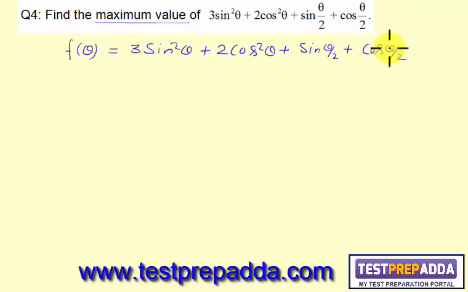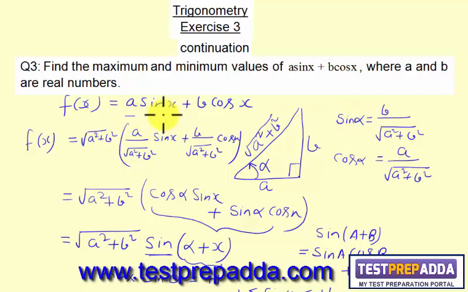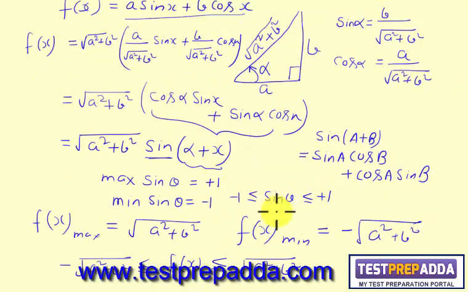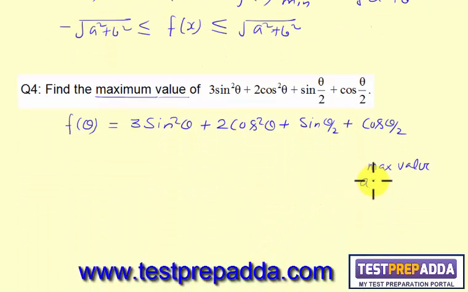Now how to approach such type of questions? If you recall, we have just got the maximum value of a sin x plus b cos x. What is the maximum value? Root a square plus b square. Okay, so we have just got the maximum value of a sin x plus b cos x.